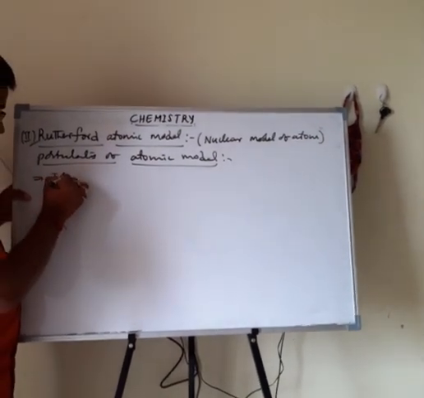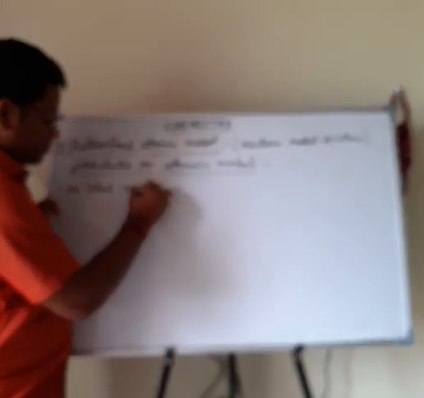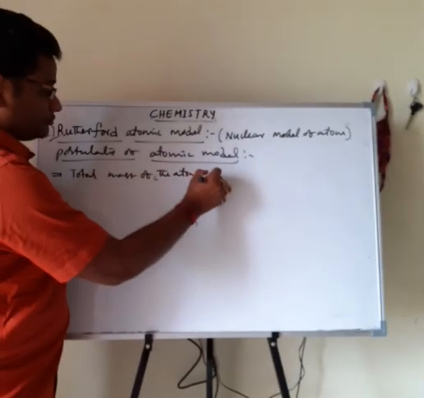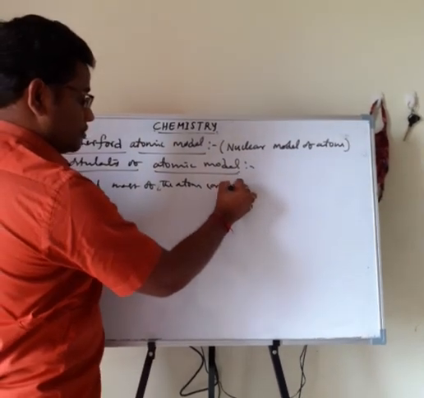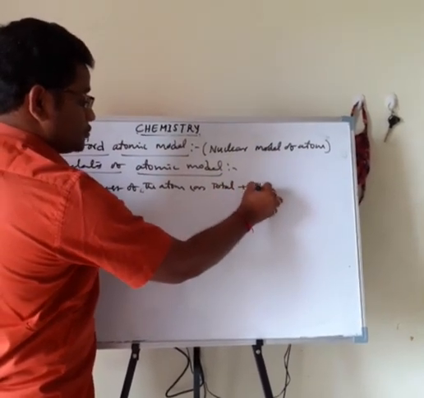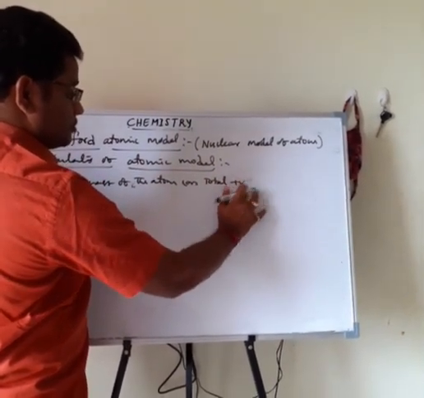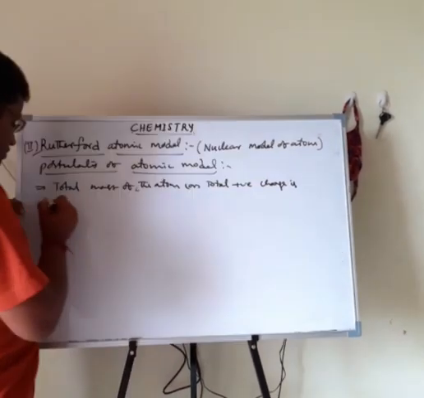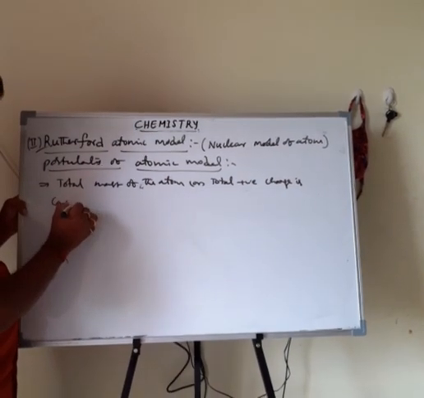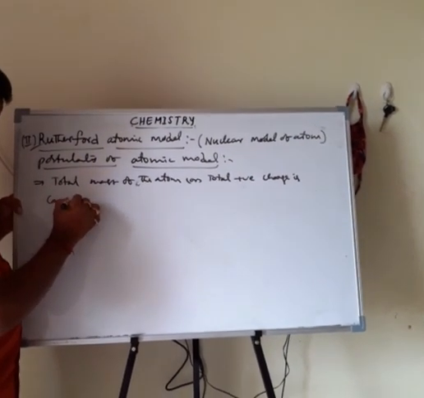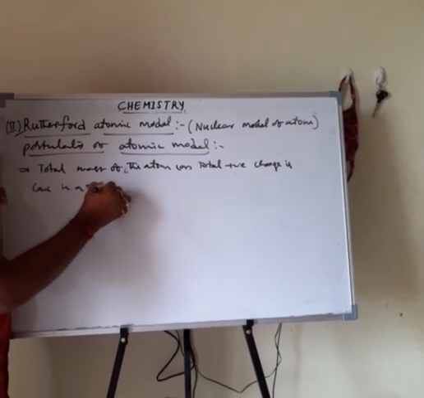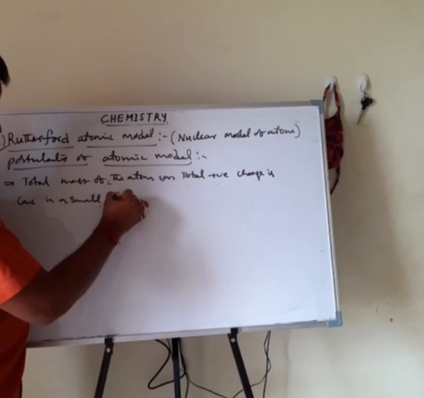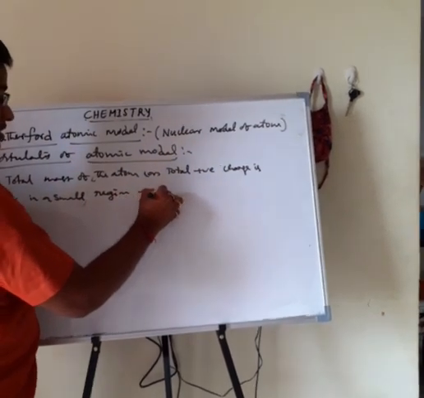The total mass of the atom or total positive charge is concentrated in a small region at the center of the atom.